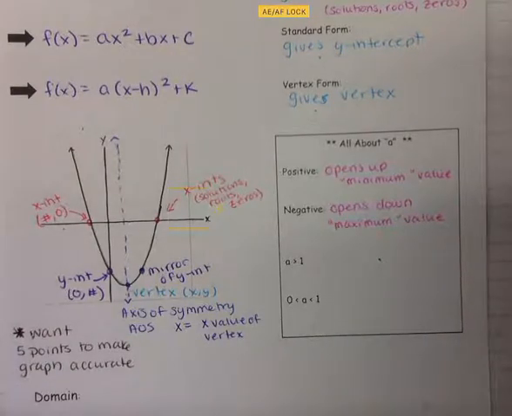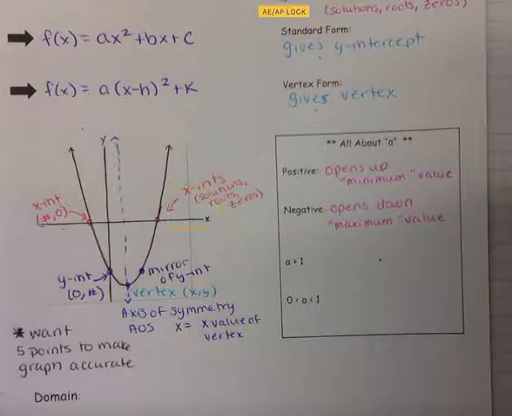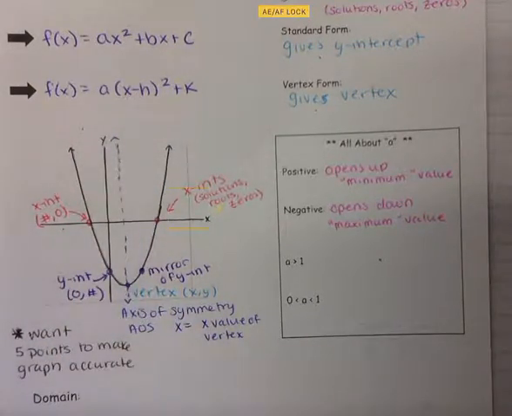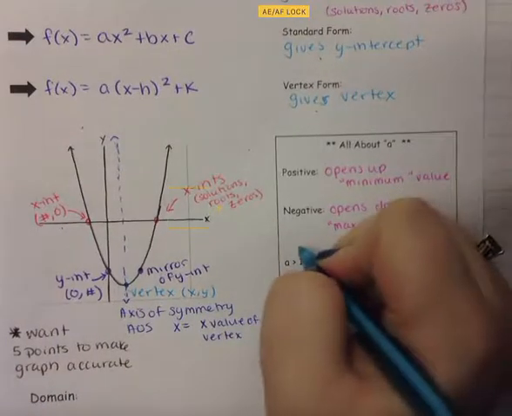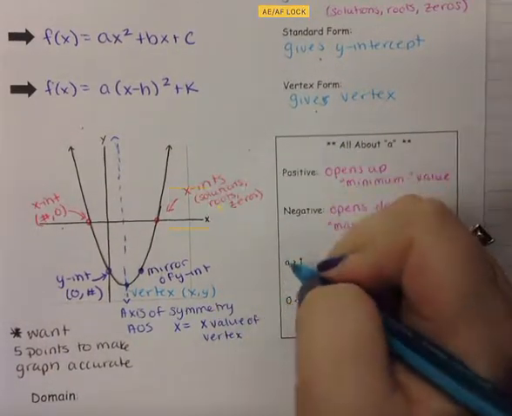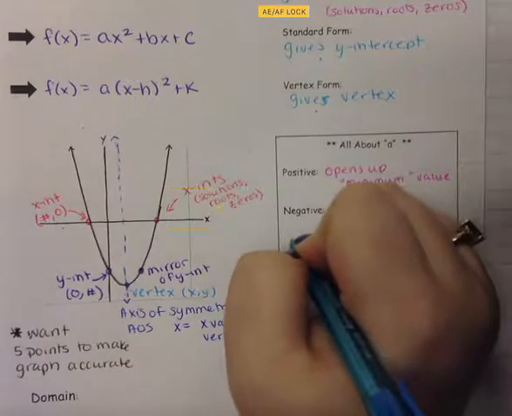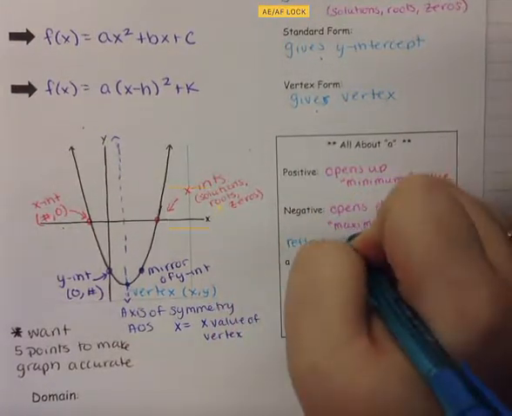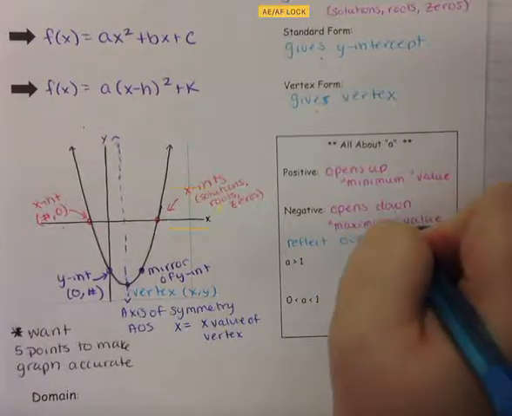Because we're going to be talking about transformations and function notation, if the a value is negative, you would actually say that because it opens down, it reflects over the x-axis.